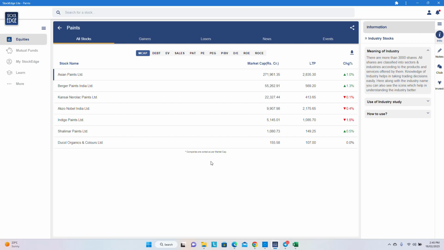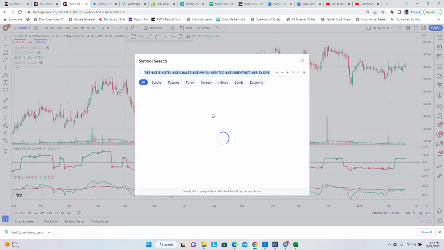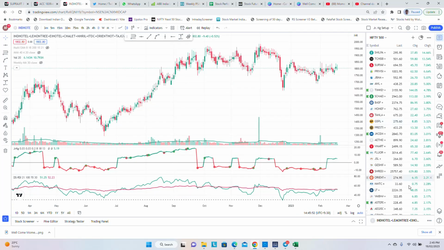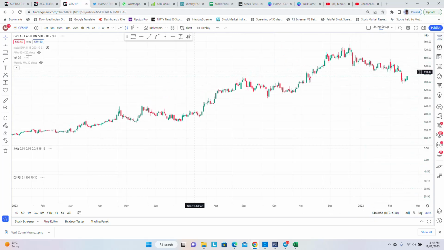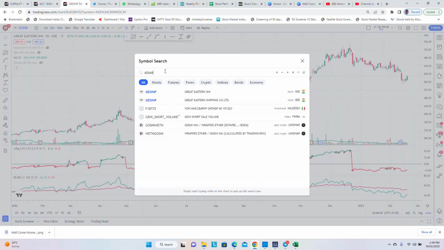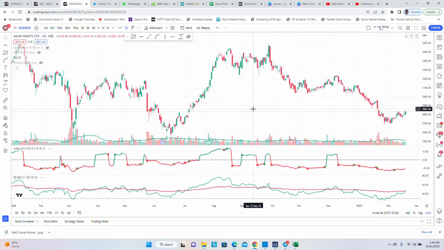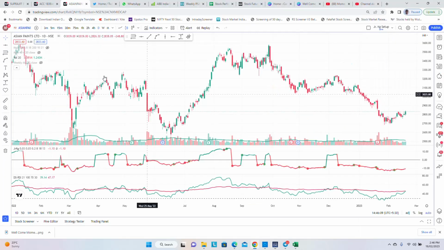How can we create it? For that you need to go to TradingView. It's very simple. The first one is Asian Paints. Here is Asian Paints, and the next one is Berger Paints, and then Kansai.